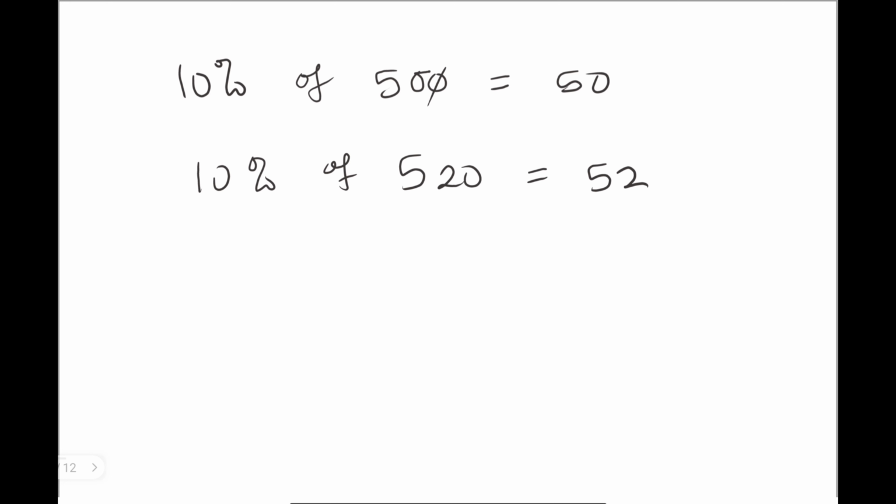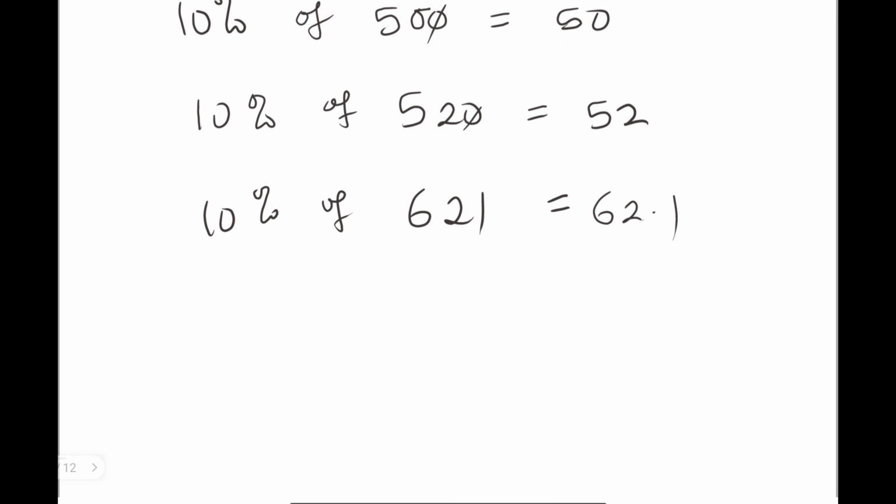All we have to do is just remove the last digit. How about if I have 10% of 621? It's simple. Instead of crossing out the 1, you just put a decimal place. That will be 62.1.